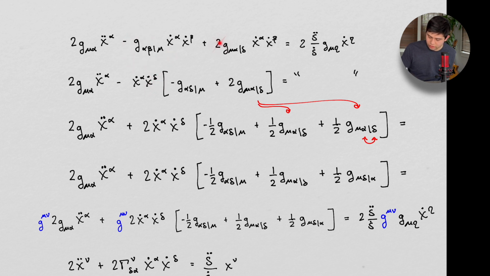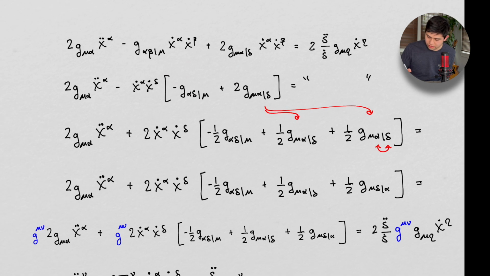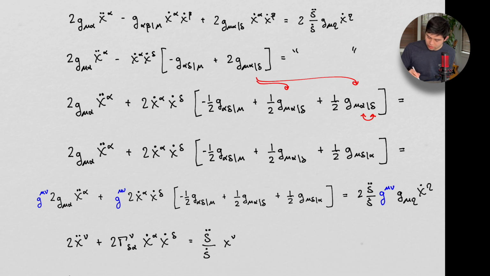We get these two guys, right? And because these are just dummy variables, the beta here we're changing for delta. And then we get this guy here, so this guy stays the same.